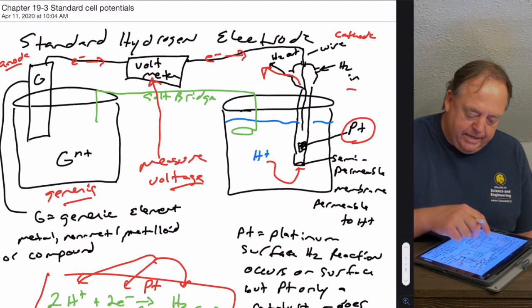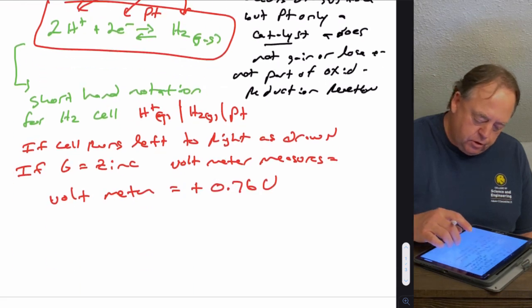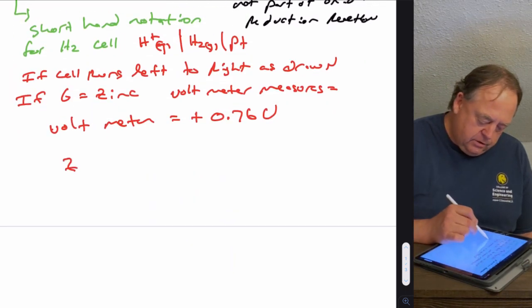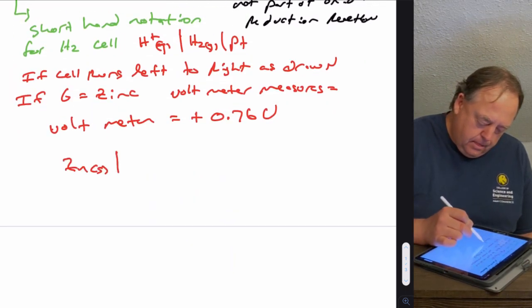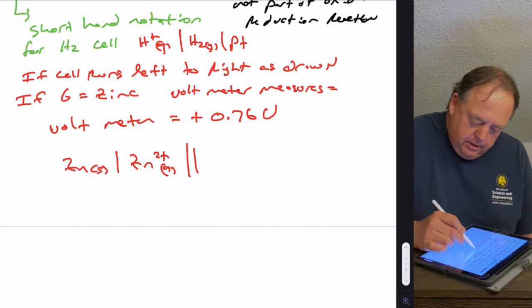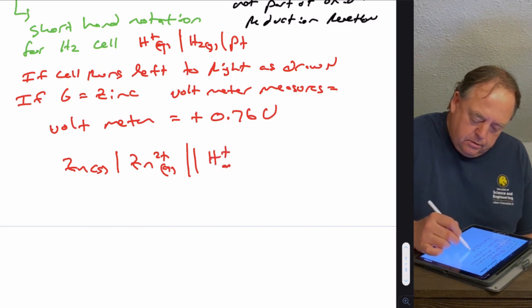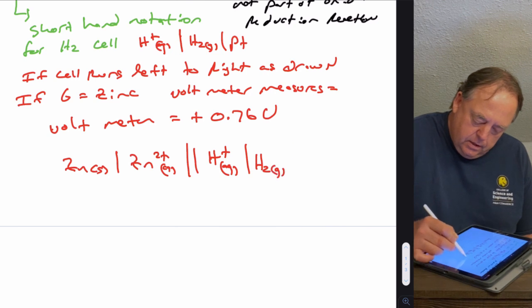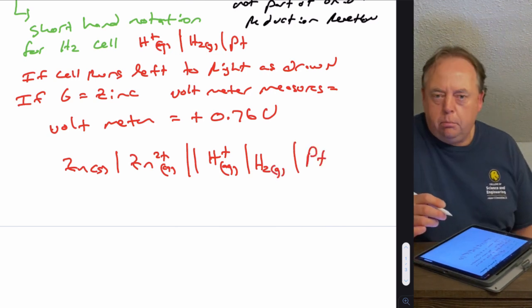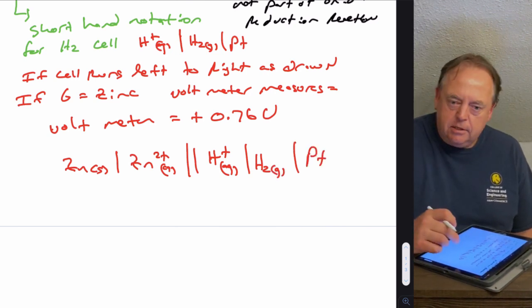If it's zinc hooked up to the hydrogen electrode, then you would have zinc solid goes to zinc 2+ aqueous solution, then a salt bridge, and then H+ reacts to make H2 gas, occurring on the surface of the platinum. That's the way you would write that cell notation.